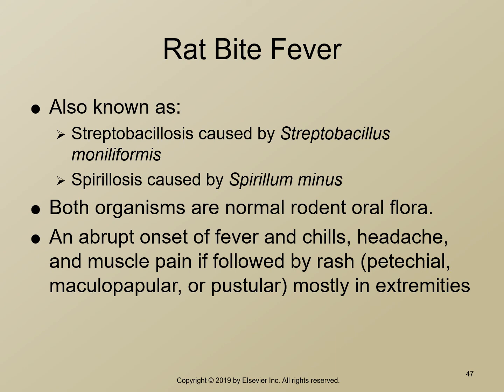Rash associated with rat bite fever involves the palms and the soles, and with Streptobacillus moniliformis infection, but not Spirillum minus infection, joint swelling and pain can often occur in association with the rash.